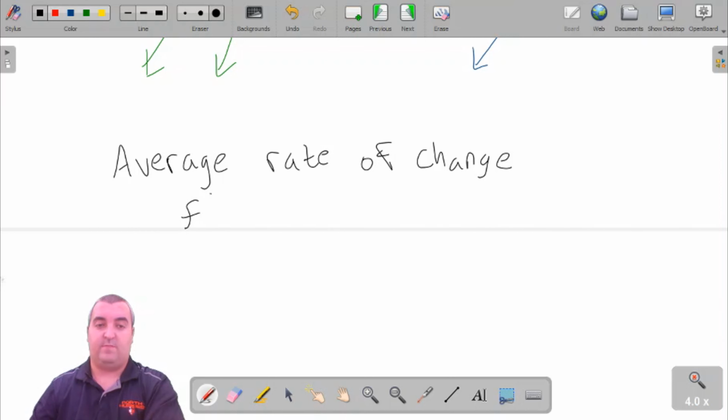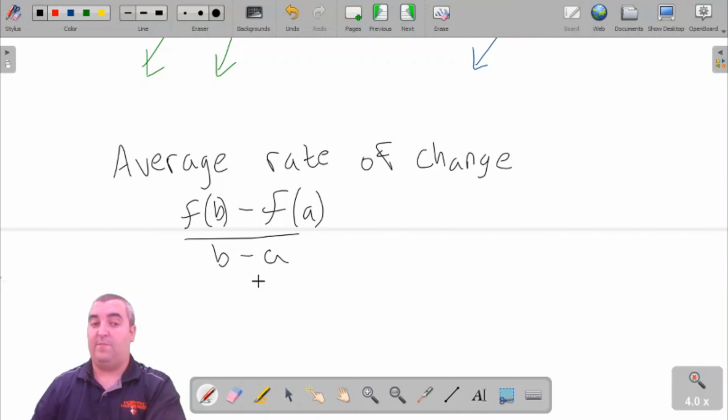So it's f of b minus f of a divided by b minus a. And hopefully this looks kind of familiar because the function value of b, or function value evaluated at b, I should say, and then the function value evaluated at a, well, this is function notation.